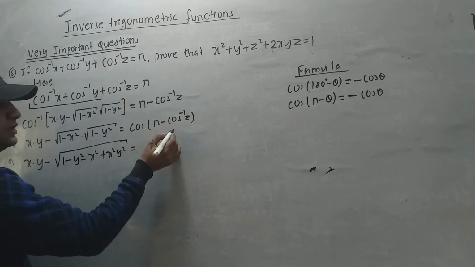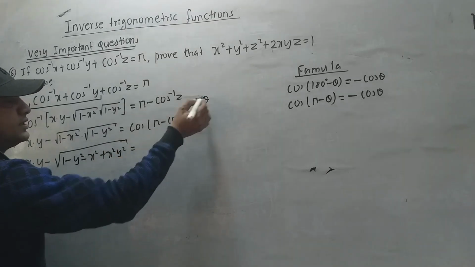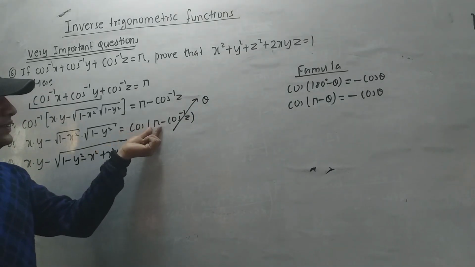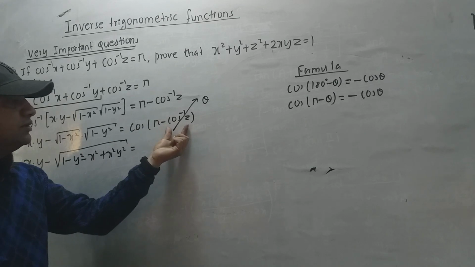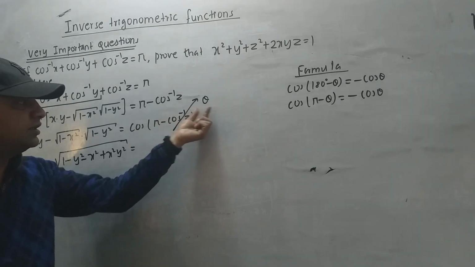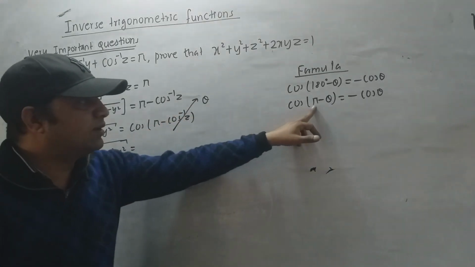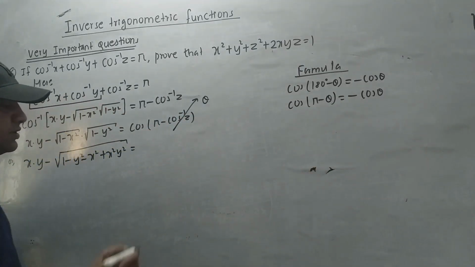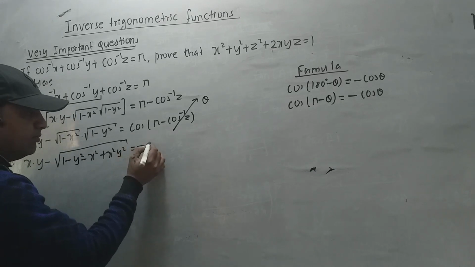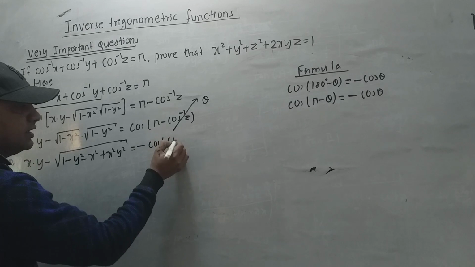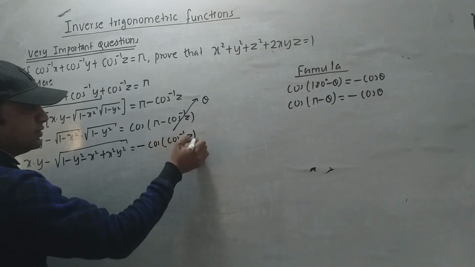Now suppose all this cos inverse z is theta. So it is cos of 180 minus theta, where theta is cos inverse z, don't be confused here. Cos 180 minus theta will be minus cos theta. So right here, minus cos theta, and our theta is cos inverse z.